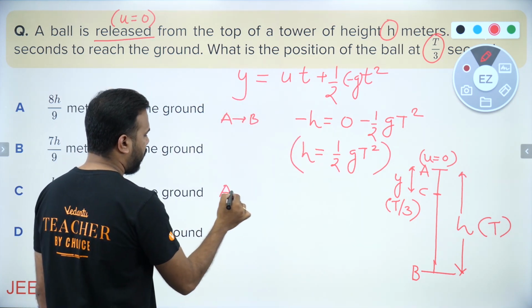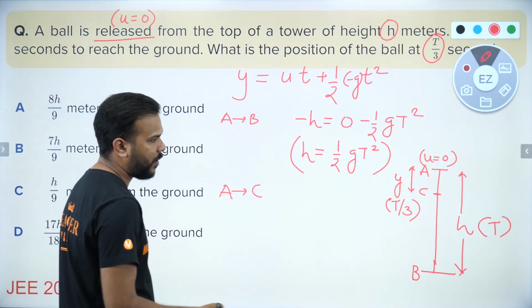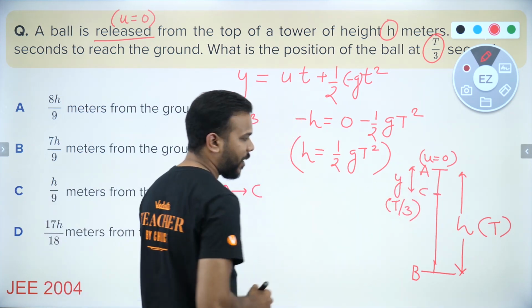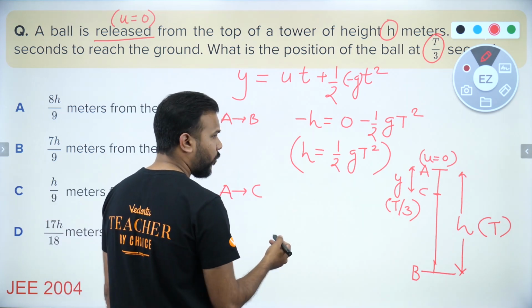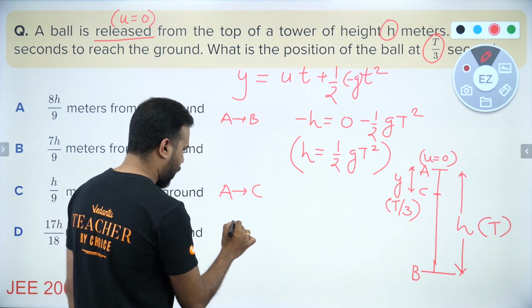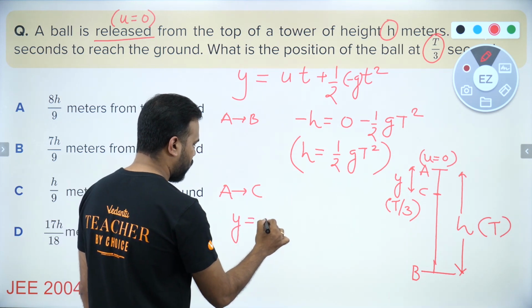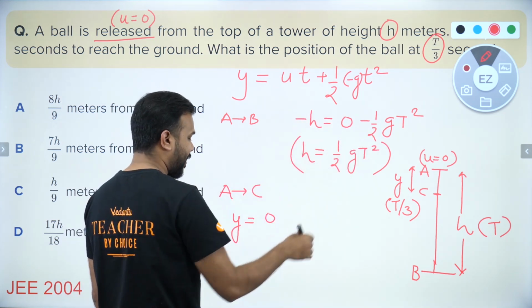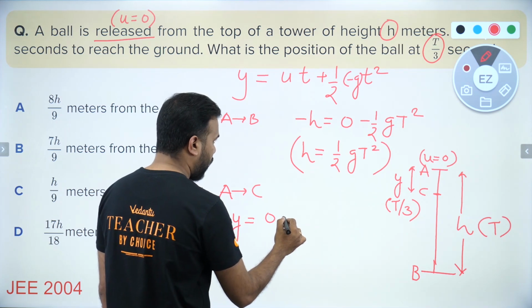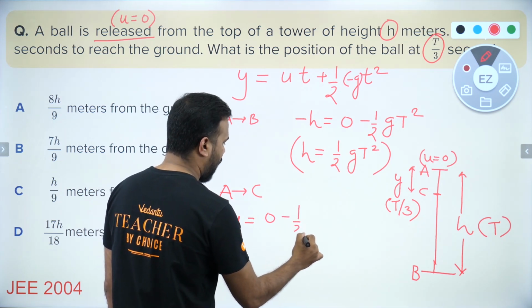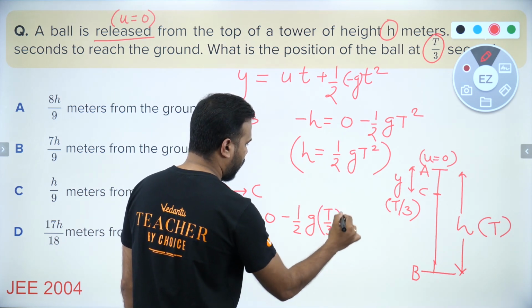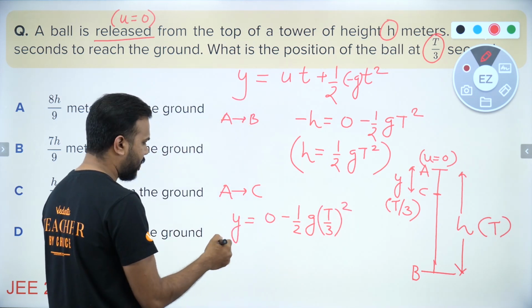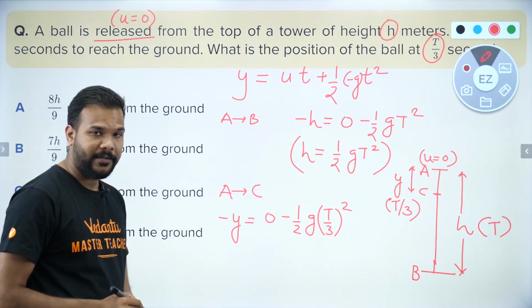Now when I speak about A to C, the y displacement which the body is going to cover in a time of t by 3, I'm going to say that y will be equal to 0 again, because the initial velocity is still the same, and this is going to be minus half g (T by 3) square. The minus gets cancelled because again the body is covering a negative displacement.